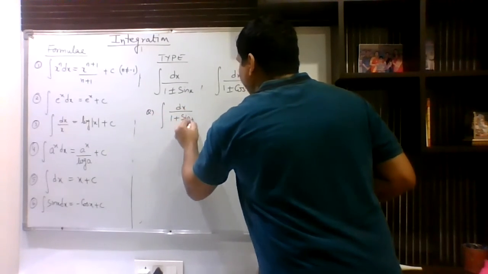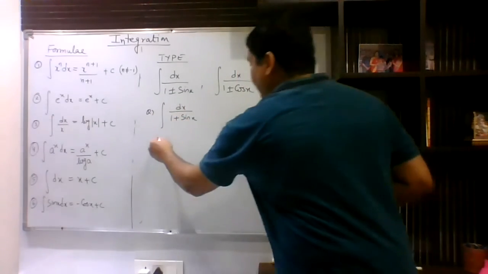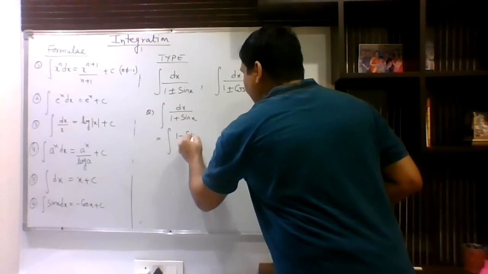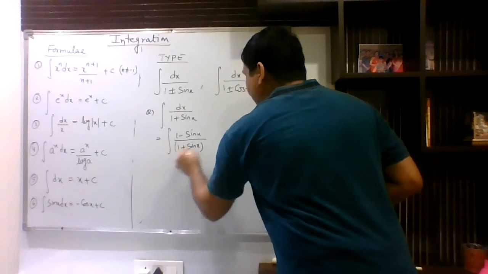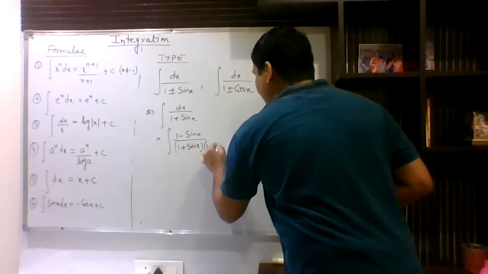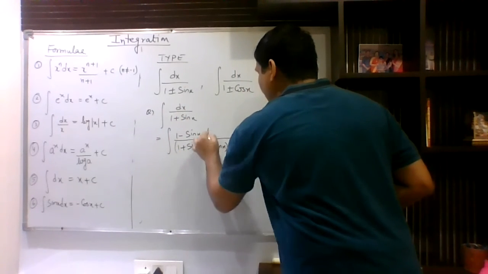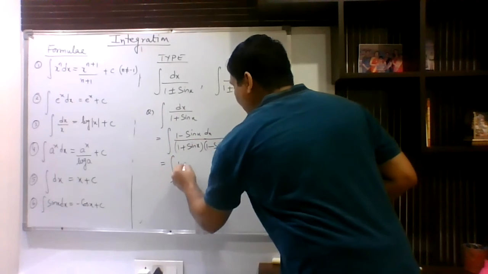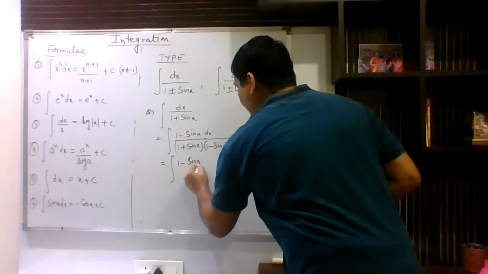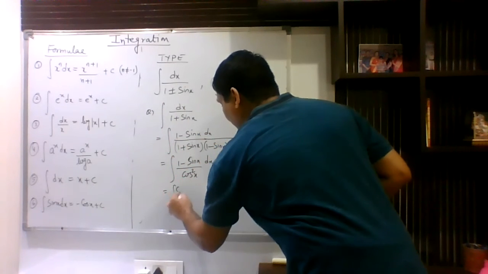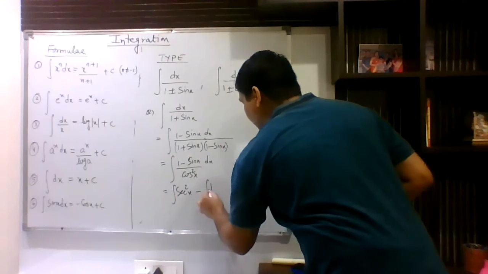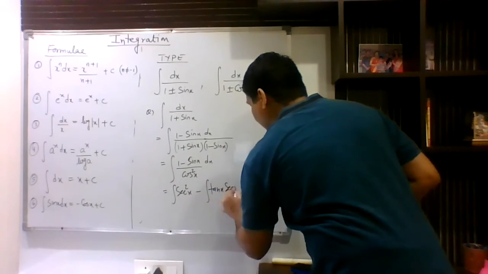Now, here, dx upon 1 plus sin x. We will multiply and divide it by 1 minus sin x. So this is how we can write it. So denominator part can be written as cos square x. So after that, this can be written as sec square x minus tan x into sec x dx.